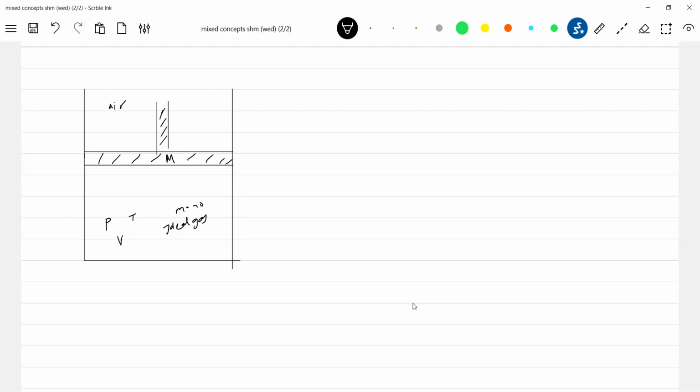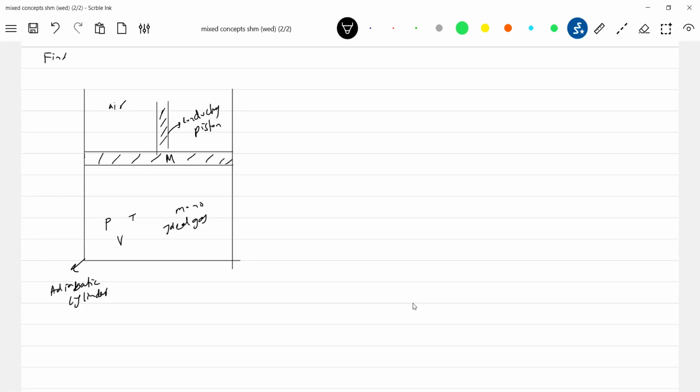Let this be an adiabatic cylinder. There's a piston of mass m. This is a non-conducting piston, you can write it. Initially it is in equilibrium. I'll slightly displace the piston and release; find the time period of oscillations.